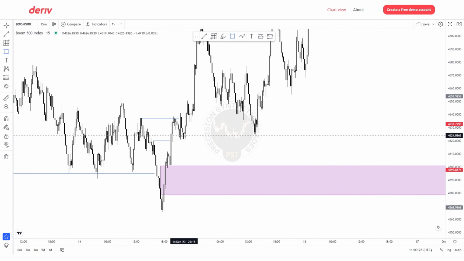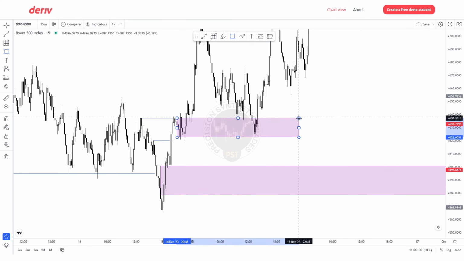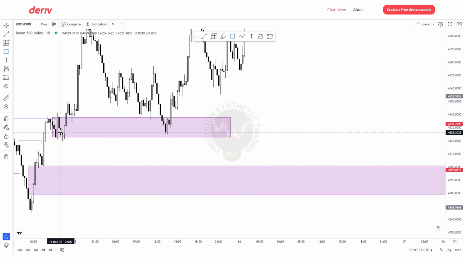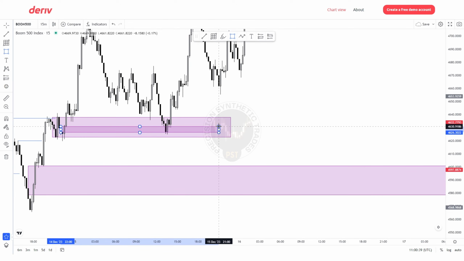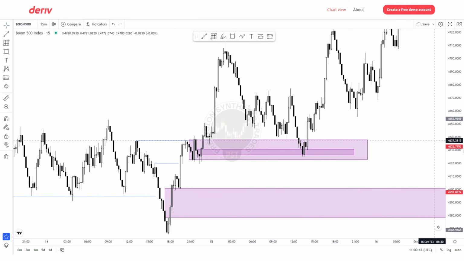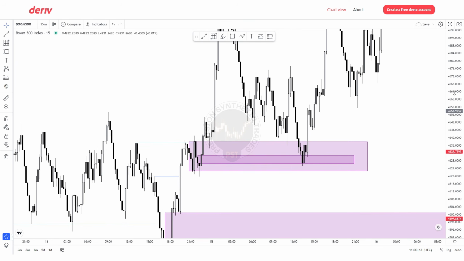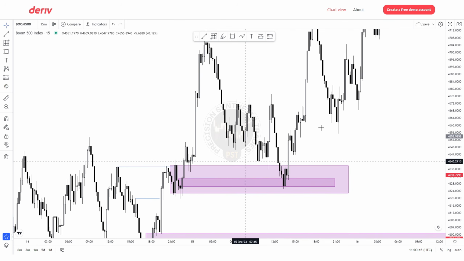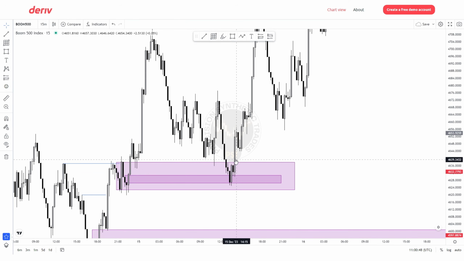So we created an order block here. All right. Now inside of that order block, when you zoom in, you can see there's a fair value gap. But let's see what happened here though. Okay, so big impulse move. This is in the 50%.